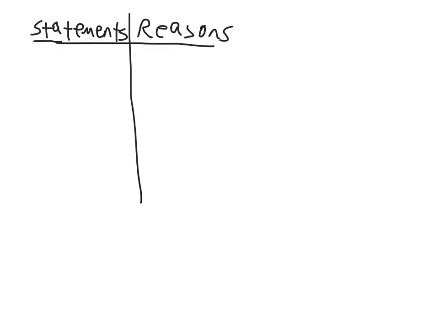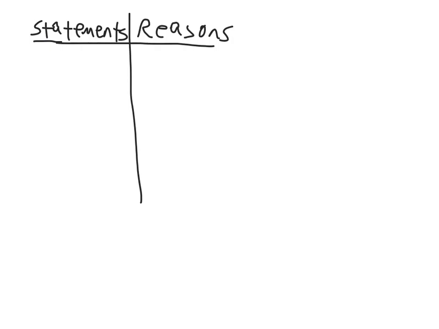Alright, so just a quick reminder on what a proof looks like. It's a two-column proof. We have statements on one side and reasons on the other. So statements is where you say different things that help your case, like two things are congruent or parallel or something like that. And the reasons are saying why you know these things are true.